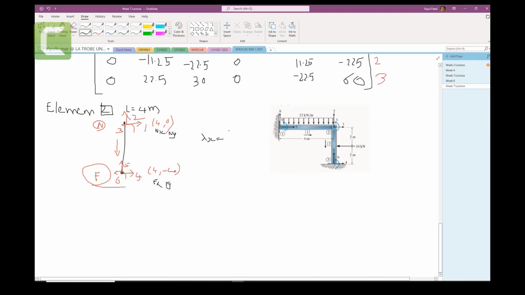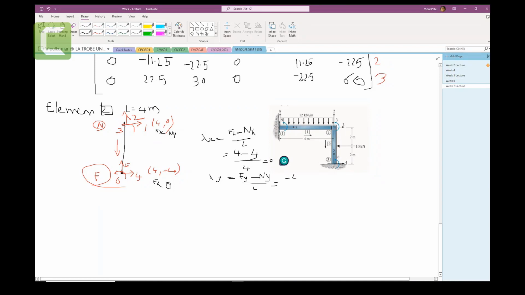So lambda x is far node x minus near node x over length. Far node x is 4, near node x is 4, length is 4, so that is 0. Lambda y is far node y minus near node y over length.